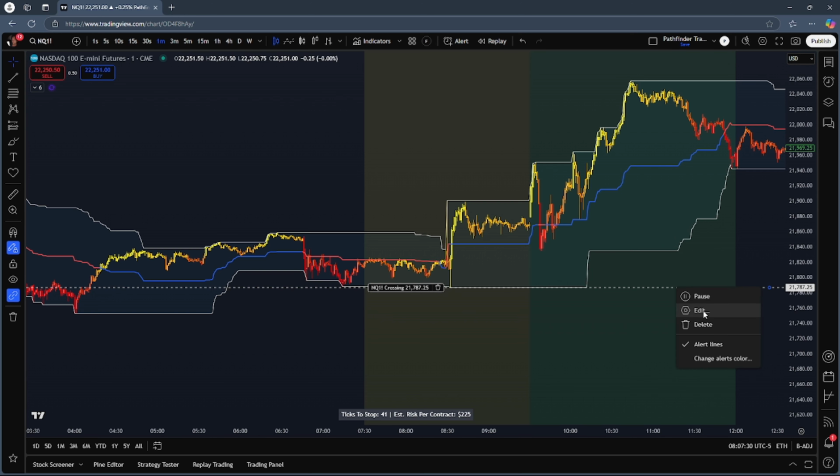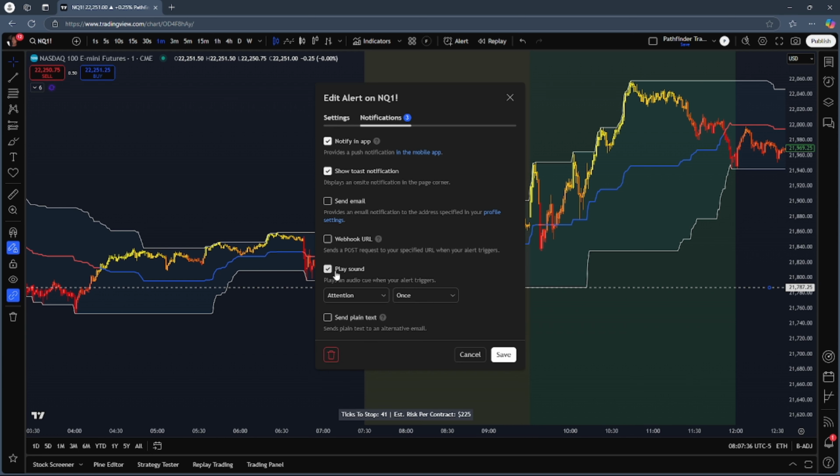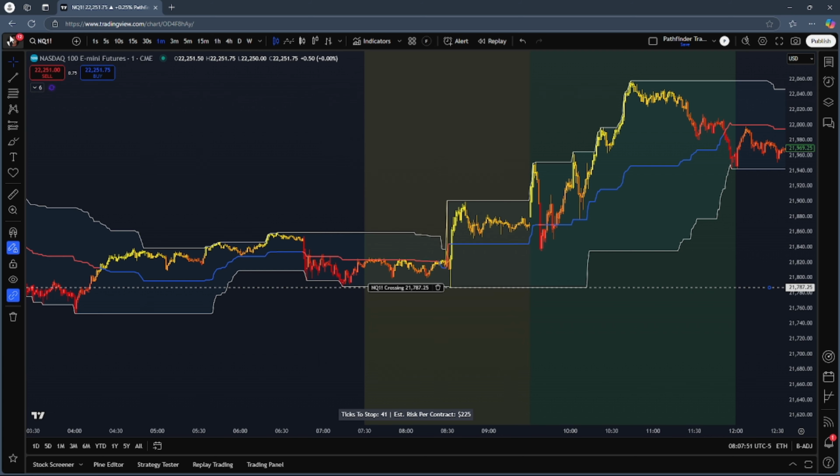If you right click on the line, click edit, you can edit your settings for that alert, as well as have it play a sound, send you a text to an alternative email, emails, toast notifications, or notify in your TradingView app on your phone, which I recommend you have. Make sure you sign into your profile and you'll get alerts right on your phone.